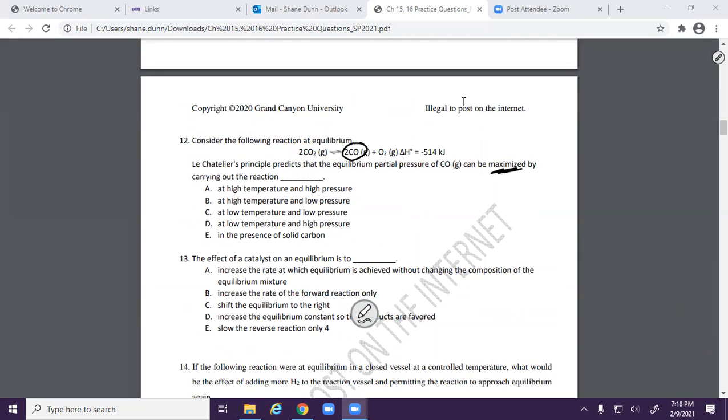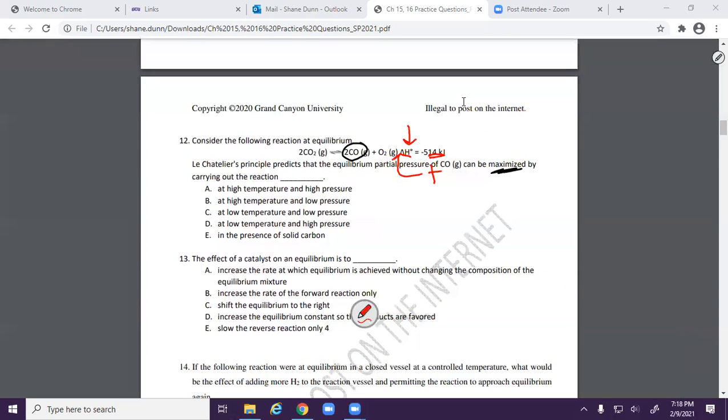So again, delta H means what? Change in heat. That guy right there is exothermic. It's negative, right? Products or reactant side? It's going to be on the product side. You have heat there.